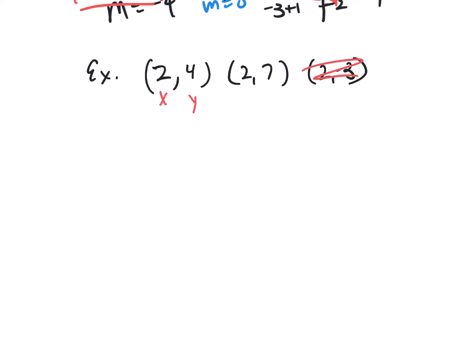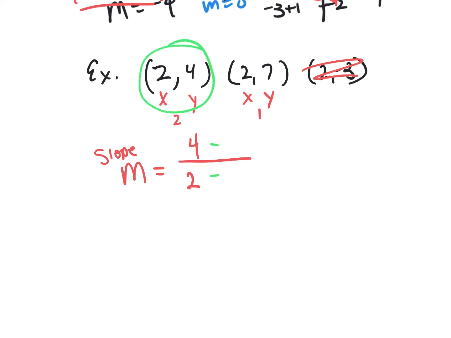I'm going to do x, y, x, y. This is my first group. The second group that I'm going to use. My slope, again, that's what M is, right? I'm going to do y, so 4 over 2. Always minus, right? So this is the first group that I used. Now my second group that I'm going to use, I'm going to have 7 over 2.